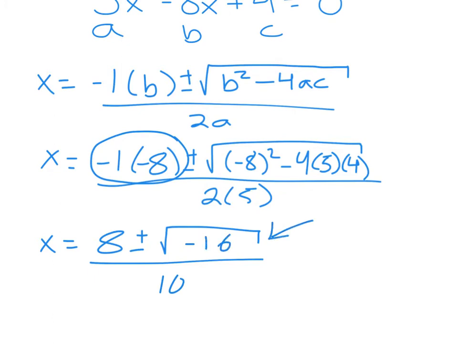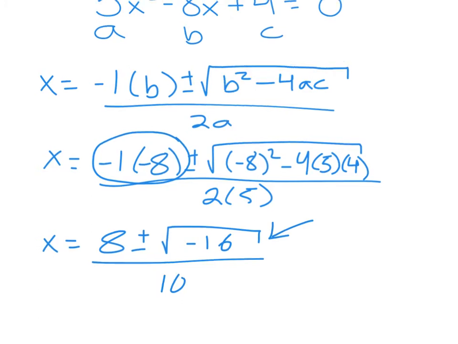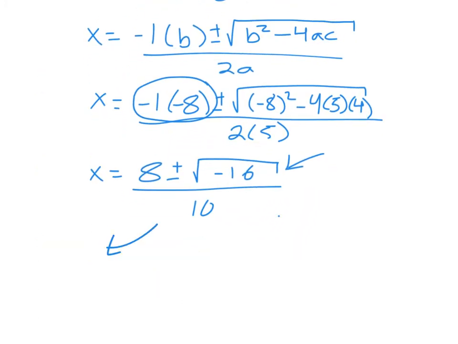Now, stop, because I want to do the next part of separating them, but really that's why I do the discriminant first, or do this step of solving for all the parts separately, because can I square root a negative number? I can't. There's no way. My calculator is going to say error.